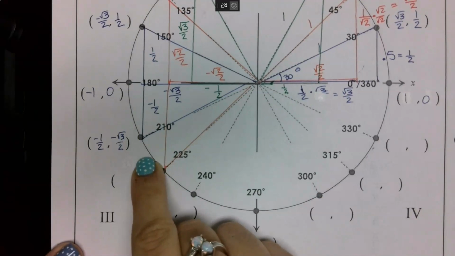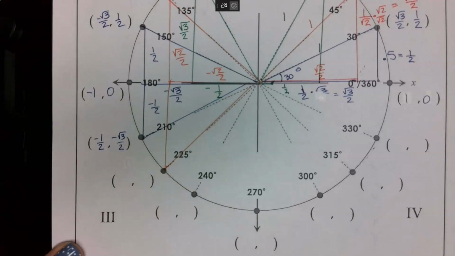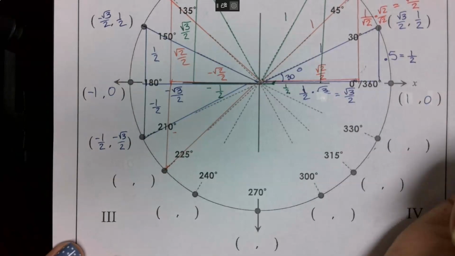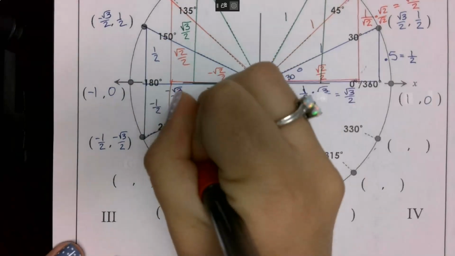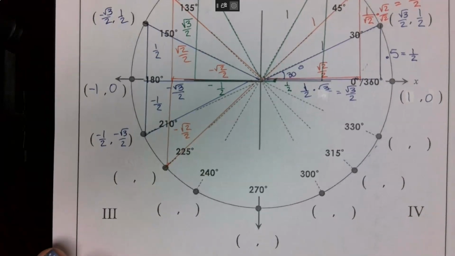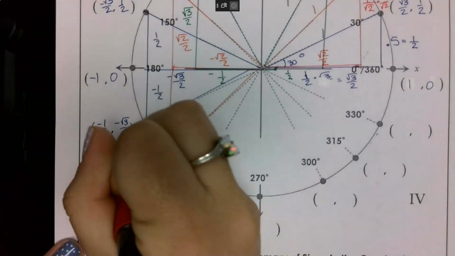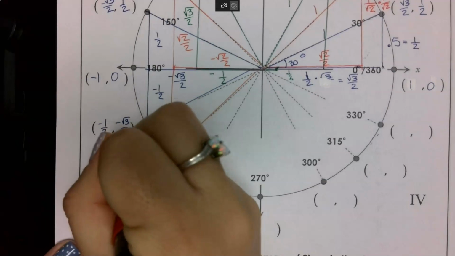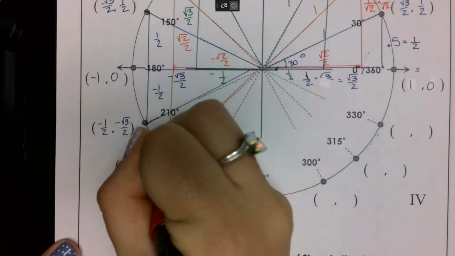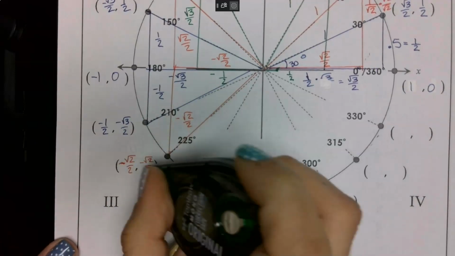So the distance from the x-axis. Yep. So then my coordinate point here is, oops, where is it?